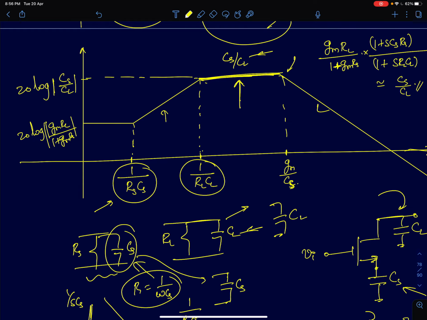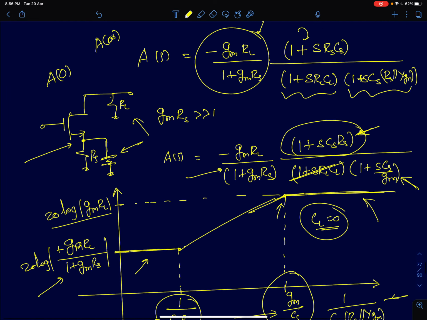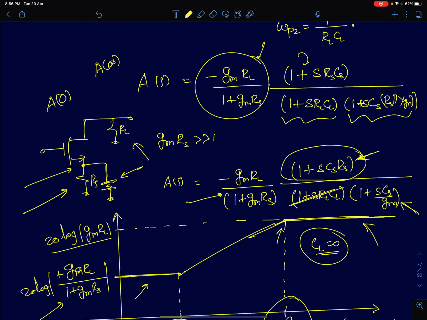That's a serious problem, and that needs to be addressed. The second thing we discussed was source degenerated common source amplifiers. We saw that the source degenerated capacitance, this capacitance CS here, for example, if you look at this common source amplifier, that CS can be CSB, the source to bulk capacitance.